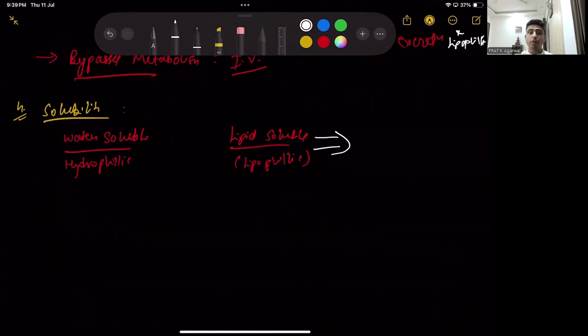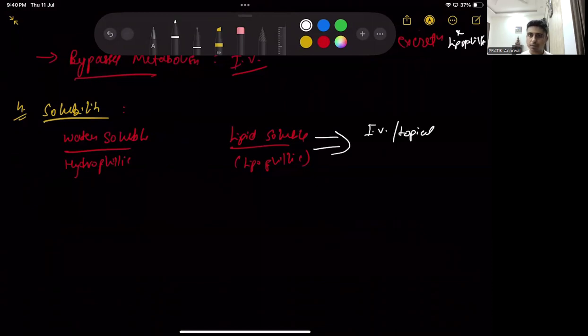So in this case, we don't need to worry about which kind of drug we need, because lipid soluble drugs can directly apply to the cell, to the tissue. We do not need to convert the solubility of the drug because they can pass easily through the cells. So if we give IV or topical administration, the drug will easily pass through the cell membranes and show its effect.